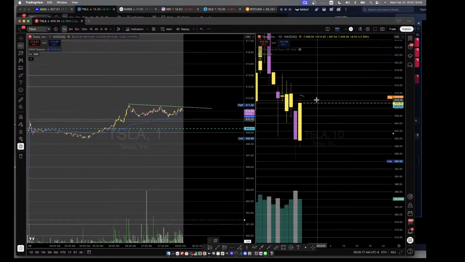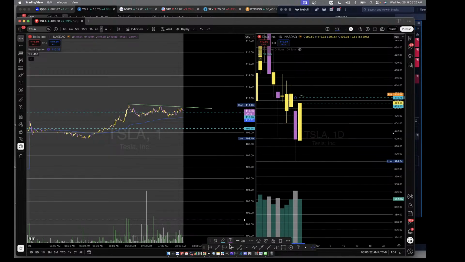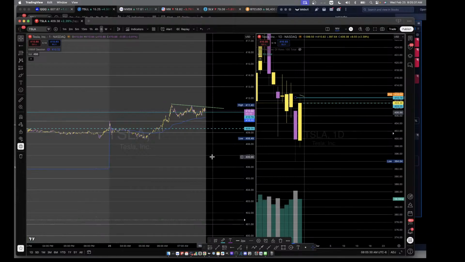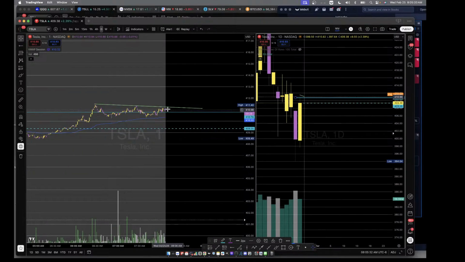Okay, yesterday we went all the way up to this level right here, and we're currently above that level. Was this gonna be a trend bounce to the downside? That's literally what happened yesterday.